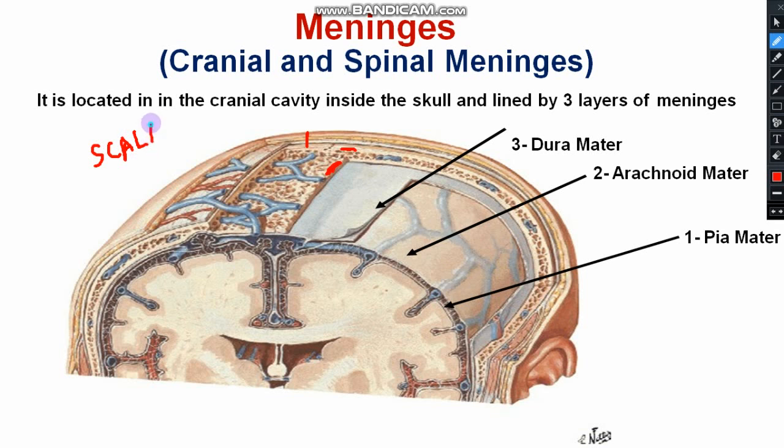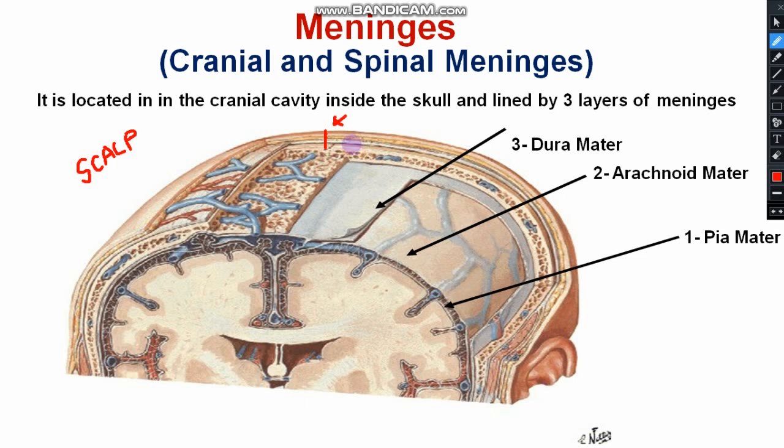Here you can see the arrangement of the scalp from deeper to superficial. This is the pericranium, or outer periosteum.